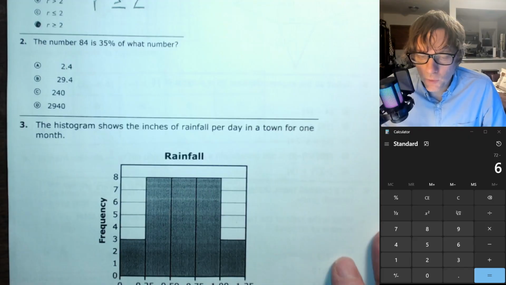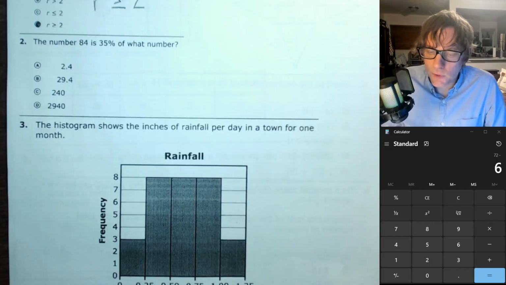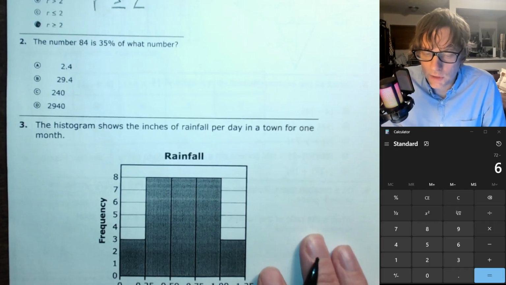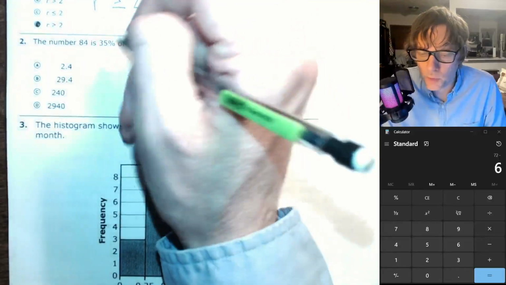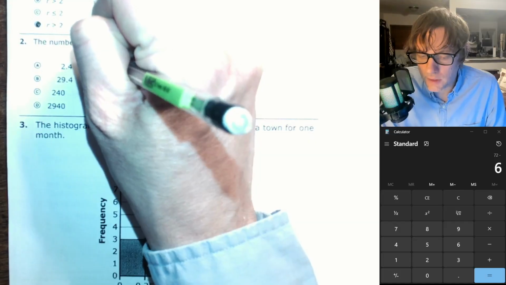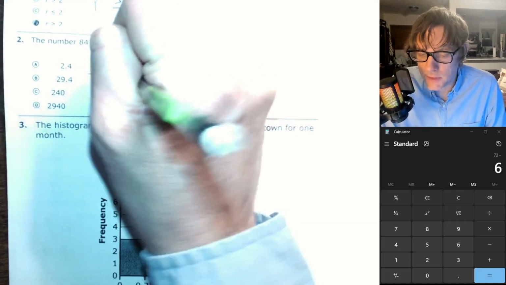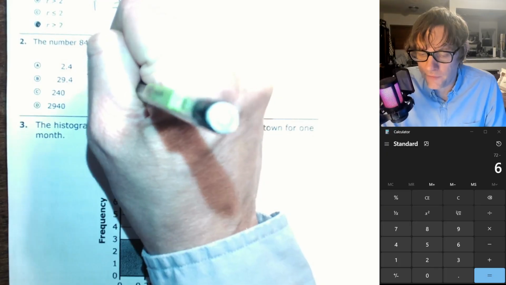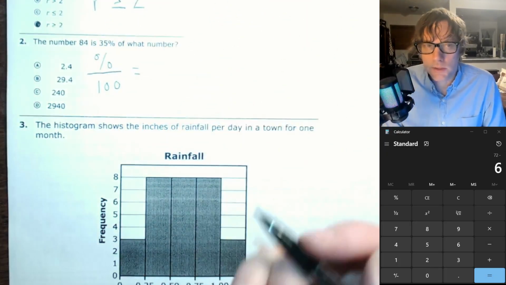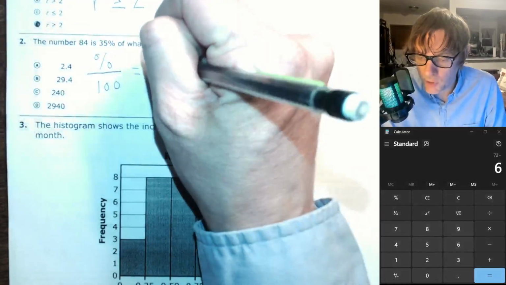The number 84 is 35% of what number? There's really 2 ways to do this. The first way is to use the percent proportion. So you have to have this memorized. This is not on the FAST reference guide. So it's percent over 100 equals part over whole.